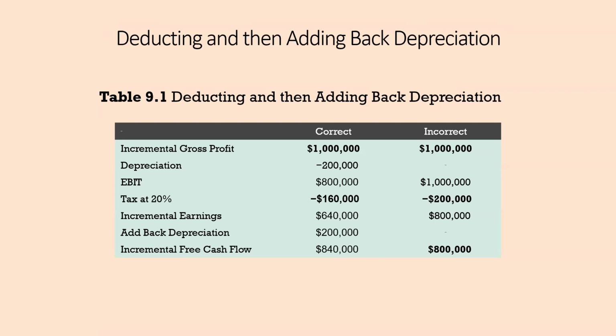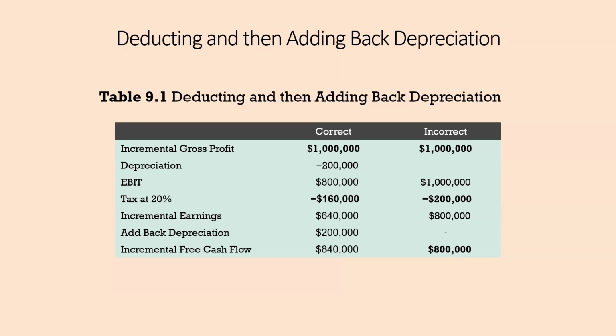A reliable method to verify the accuracy of the incremental free cash flow is to sum up the actual cash flows. In this instance, the firm accrued $1 million in gross profit, which is a positive cash flow.